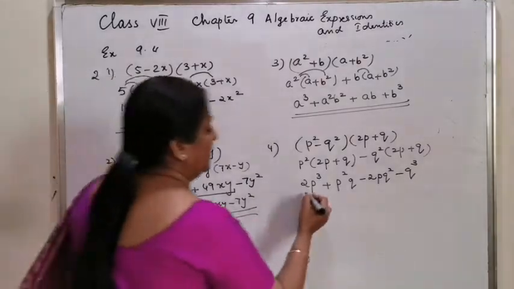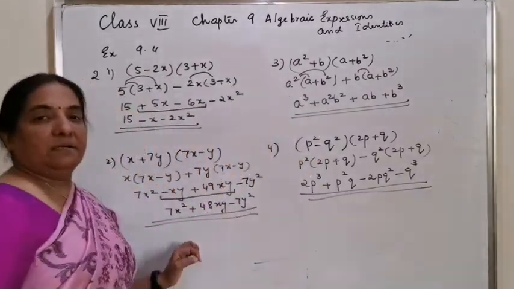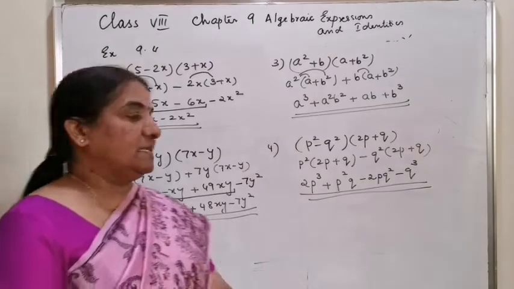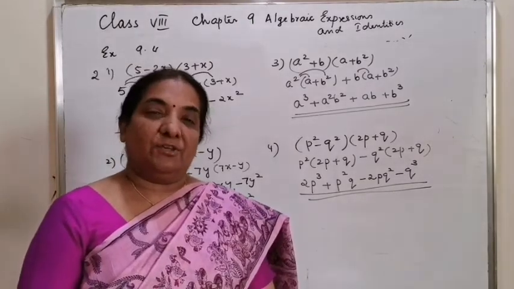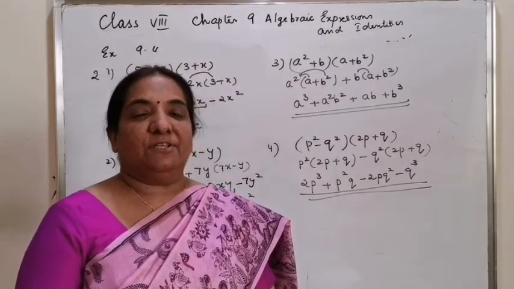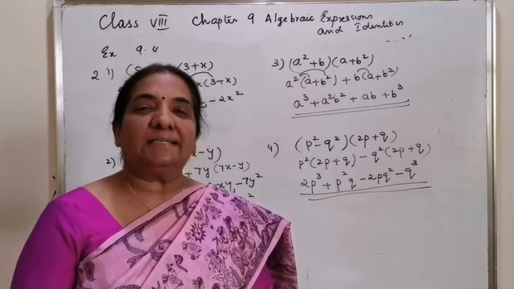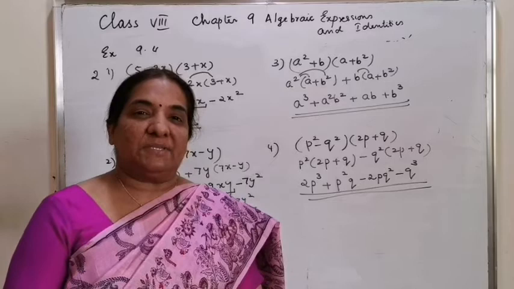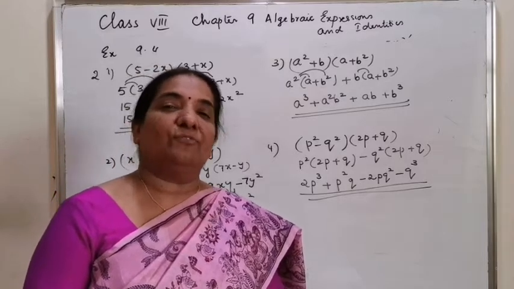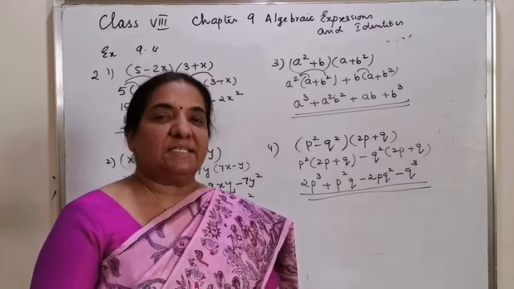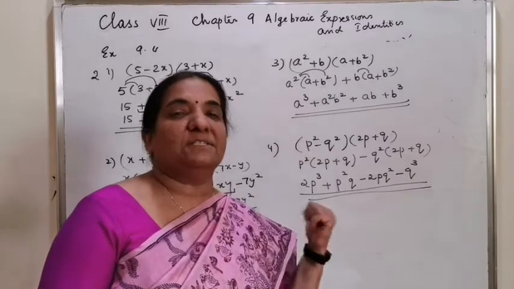And again, all the 4 terms are different terms. So the answer is the same. Check your answers and see whether you got it fully correct or made one mistake. More than that, you need to practice with integers again and again, or with monomial and monomial, because these are all simple questions.